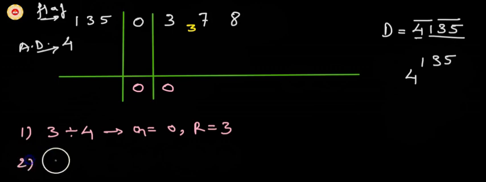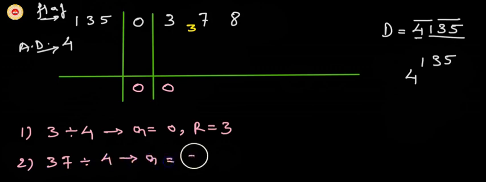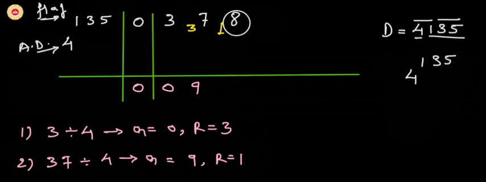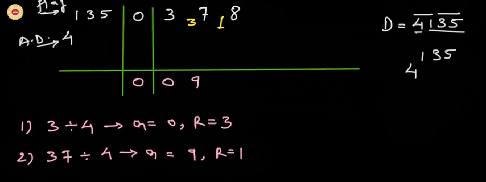Step number 2 is 37 divided by 4 gives us quotient 9 and remainder 1. So write quotient 9 below gross dividend 37 and write remainder 1 as a prefix to the next digit in the dividend, which is 8. Now read this as 18, and 18 is the next gross dividend.